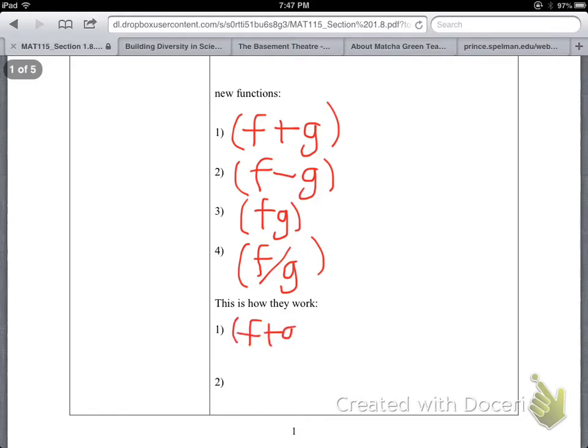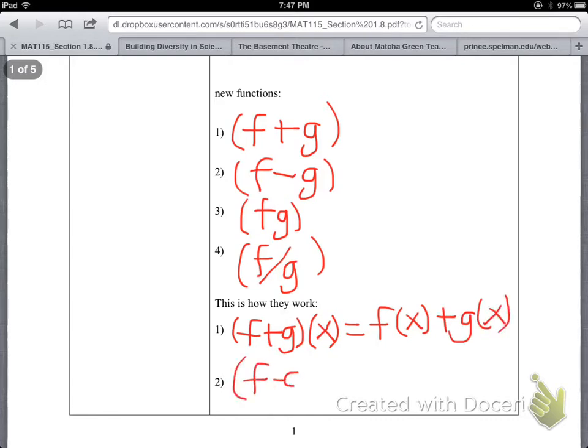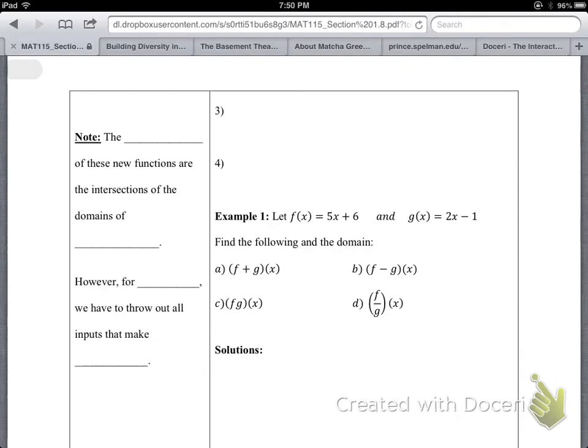For the f plus g, now let's have some input x. This is equal to f of x plus g of x. The f minus g of x is equal to f of x minus g of x. So you might see it both ways in your book, but this means the same thing.